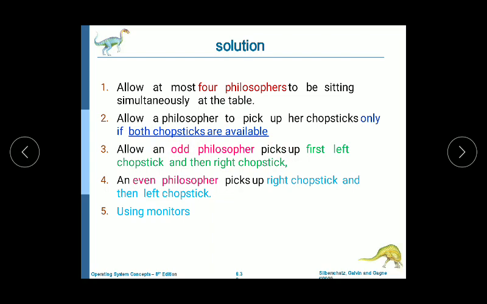Then another solution, use an asymmetric solution. That is, allow an odd philosopher to pick up first the left and then the right chopstick, and an even philosopher picks up the right chopstick and then the left chopstick. And the last solution is using monitors. Very important one. Let us consider how to solve the dining philosophers problem using monitors.